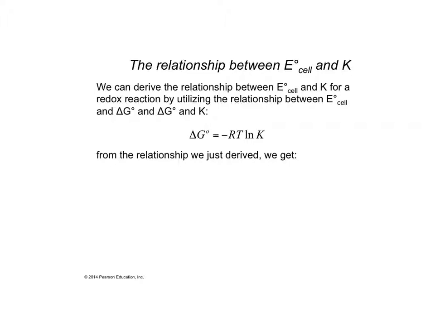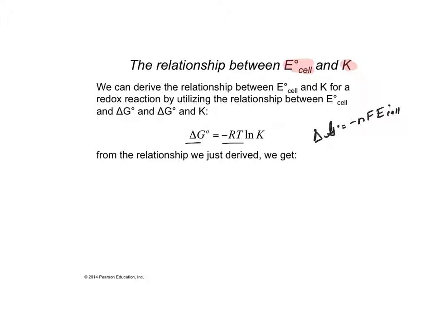A couple more things we have to derive, okay? The next one is the relationship between the cell potential and the equilibrium constant. So again, this is going to come back from the relationship that we just derived, which was delta G is equal to minus NF E cell. It's also going to come from delta G is equal to minus RT ln of K. We got this from the thermodynamics chapter.